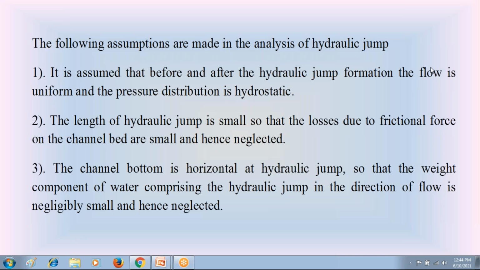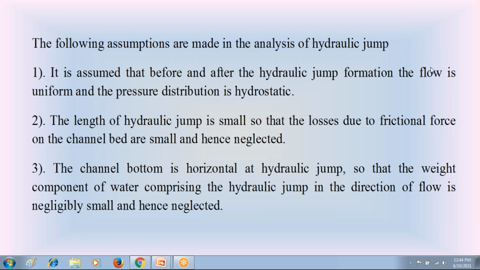That's why I'm repeating. In the analysis of hydraulic jump, we are making some assumptions. The first assumption is that before the hydraulic jump and after the hydraulic jump, the flow of water in the canal is uniform flow and the hydrostatic pressure distribution can be considered before and after the hydraulic jump.